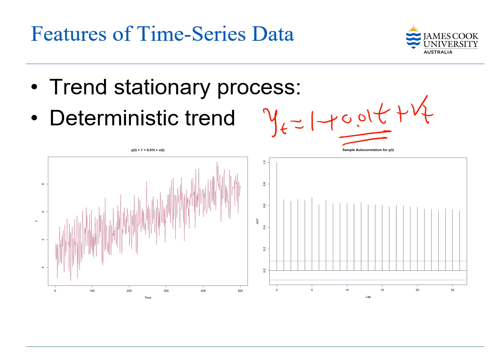So we have a deterministic time trend. We see that indeed the graph here is increasing over time. Now the sample autocorrelations do not decay quickly, right? It's very, very persistent here.